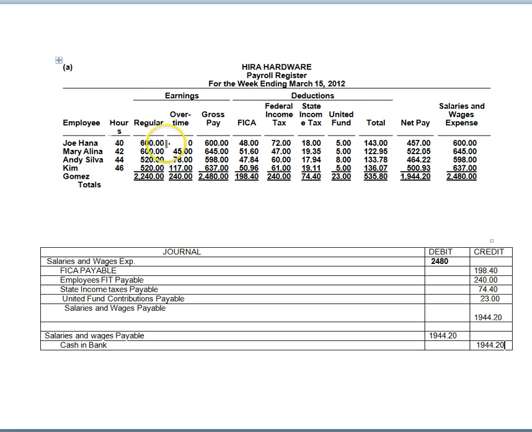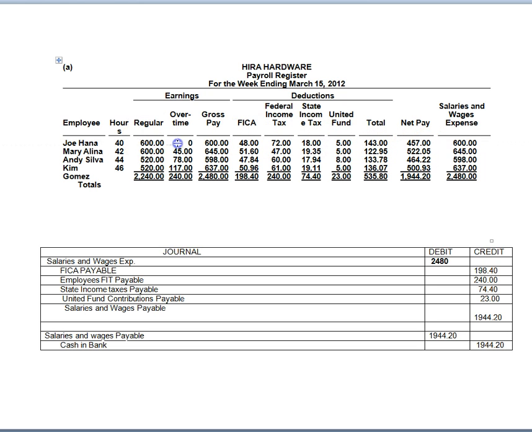Now, mind you, I didn't talk about the individual employee's earnings record, but every time we prepare a payroll register for a specific payroll period, we have to make a posting, it's done electronically, to keep track of how much each person earns, how much is withheld for the various taxes, how much they were paid: gross, deductions, and net.